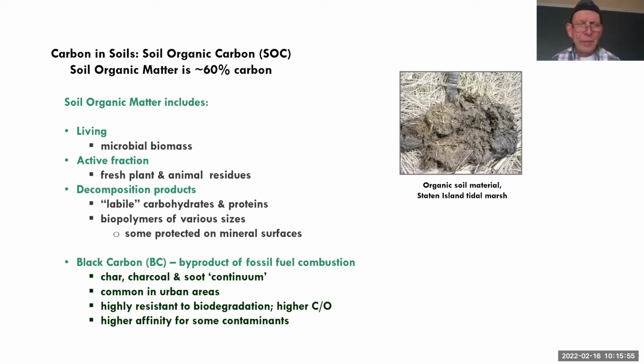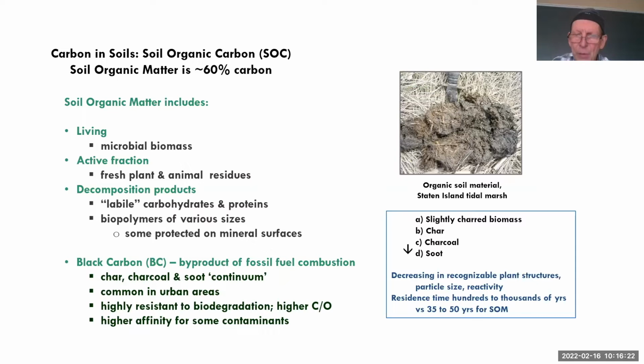At first, it's highly resistant to microbial degradation, much more resistant than regular plant-derived organic matter. It's got a higher carbon-oxygen ratio, and also has a higher affinity for contaminants, especially PAHs, trace metals somewhat, which is a good and bad thing in that it holds them very tightly, but the contaminants are usually there.